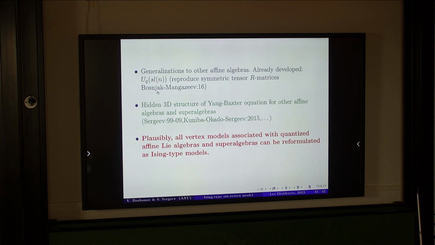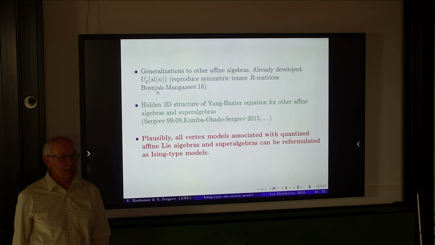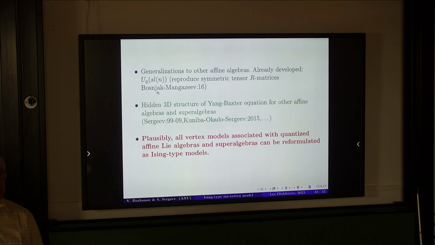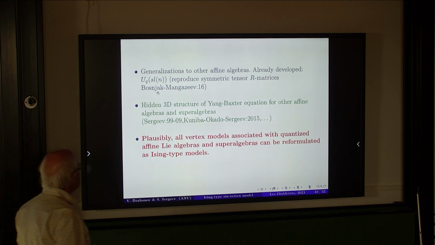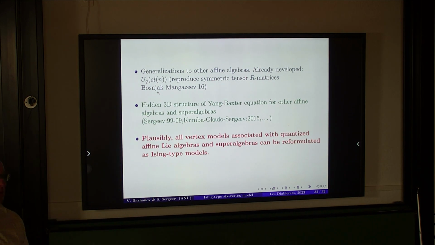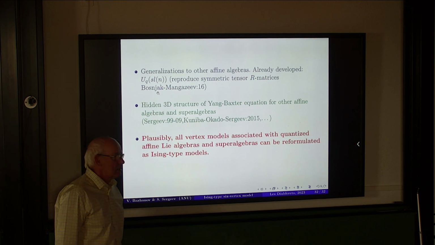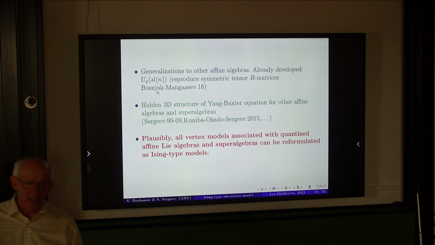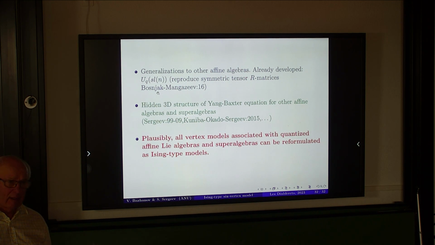Well, could we generalize this construction? Yes, we can. For example, we already checked that for SLN, Perk, Schultz, and Cherednik, I would say, are matrices. We can also construct an Ising-type representation. So the key element of this construction was the hidden three-dimensional structure. But this three-dimensional structure exists for all quantum groups.